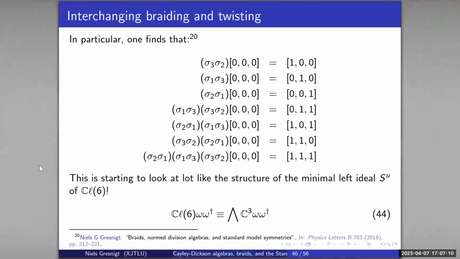Yes, yes. And so anyways, we see here that the structure is starting to look a lot like that of the minimal ideals, or CL6. So then I thought, let's map these products of braid generators. Let's associate them with the ladder operators from CL6.